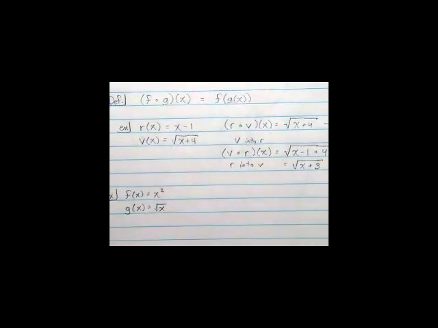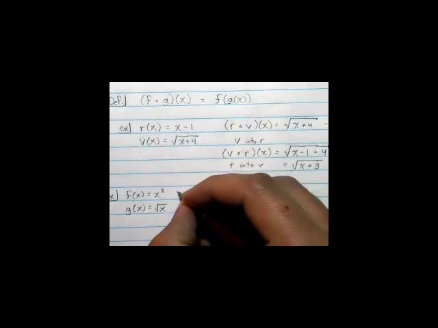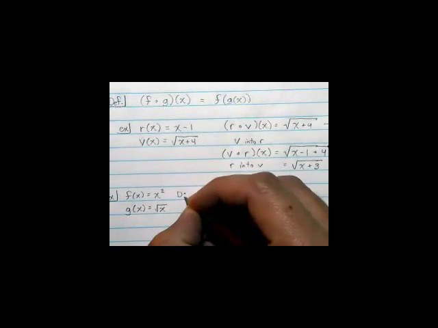Okay. Now what we're going to do is think about the domain of these once we're done. So we're going to identify the domains of these original two functions to start with, because that's going to help us out when we're done.